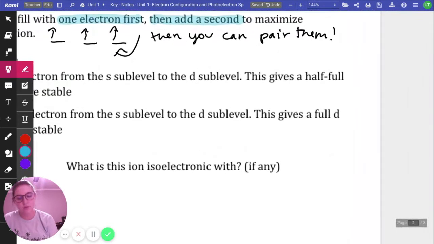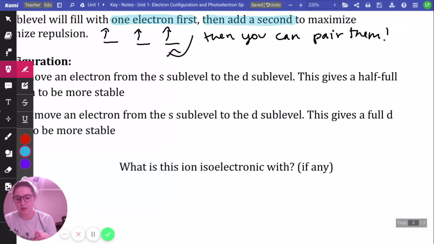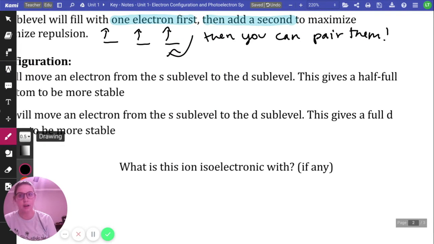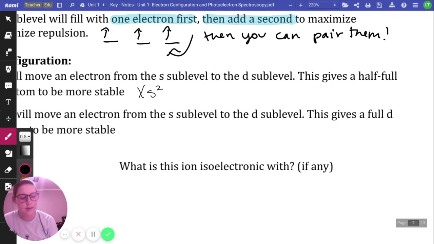So if I was just normally writing the configuration for these, and I'm just going to write a very generic configuration, my very generic normal configuration would be whatever our energy level is, XS2, and then XD4. All right.